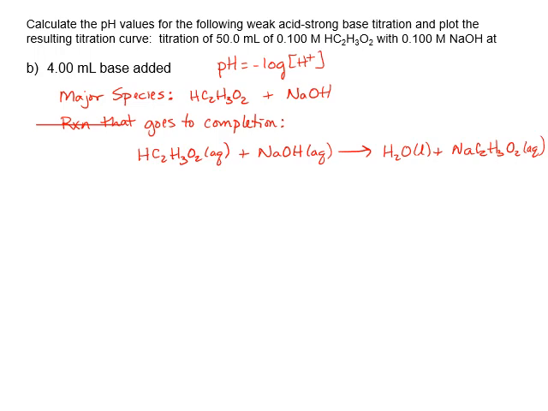We want to deal with this reaction using moles, and we'll set it up as a stoichiometry table. To fill in our initial row, we need to find out how many moles of acetic acid we started with. We had a 0.1 molar solution of acetic acid.